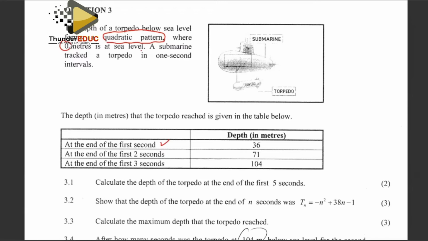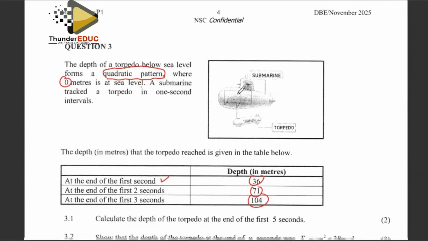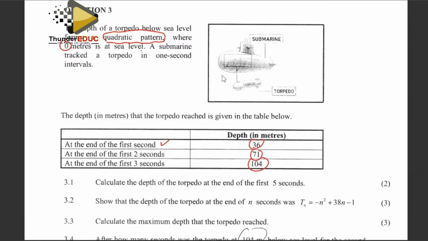So the first term is 36, the second term is 71, the third term is 104. Remember, this is a quadratic pattern. All right, then calculate the depth of the torpedo at the end of the first 5 seconds.